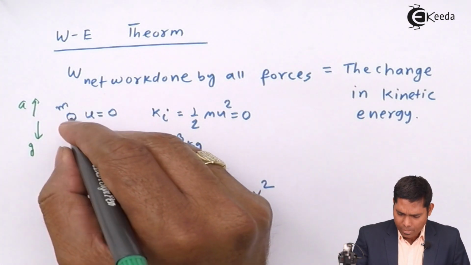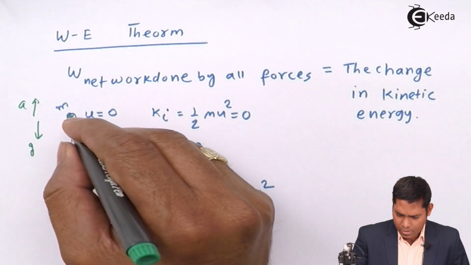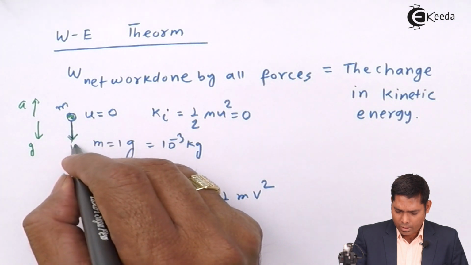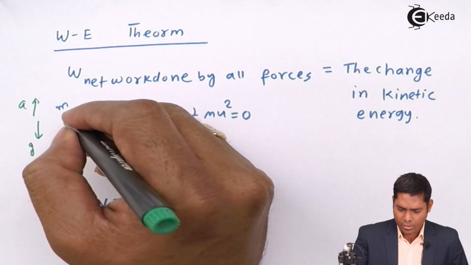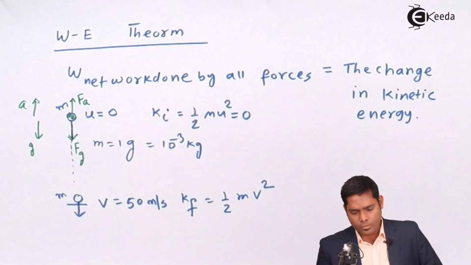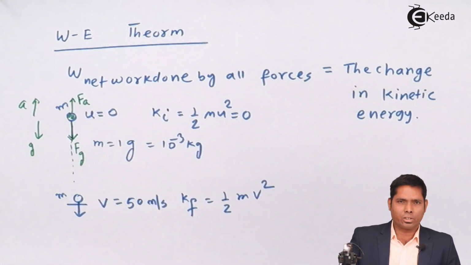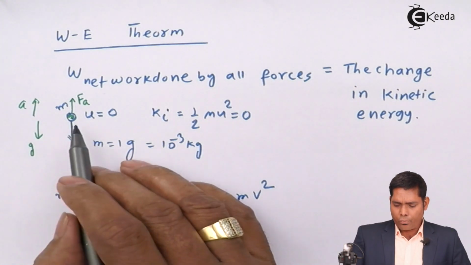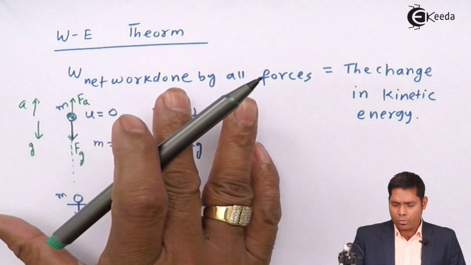That means this drop is being subjected to two forces. One is the force that is acting due to gravity, another is the force that is acting due to air resistance, in the opposite direction to the velocity. So you have to find the total work done and there are no other forces.